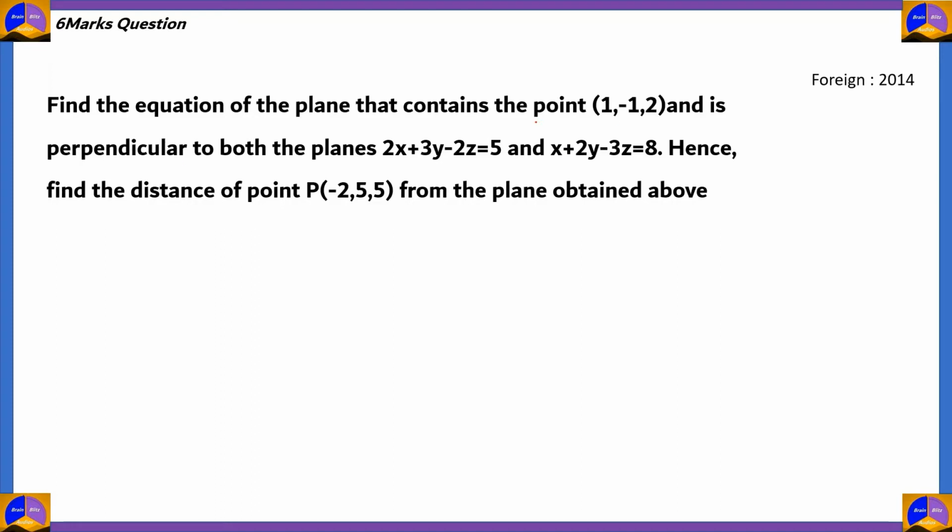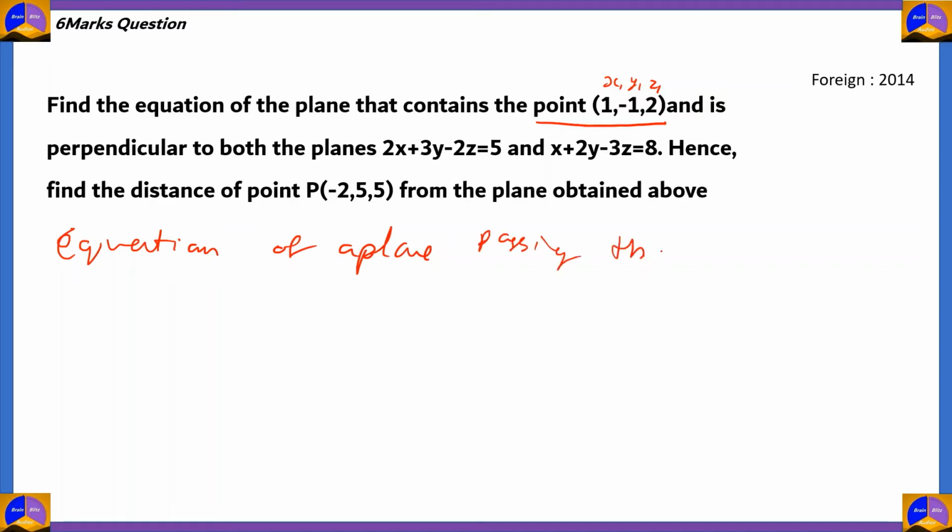So here, we have a point 1, minus 1, and 2. The plane contains the point 1, minus 1, 2. So let's mark these as x1, y1, and z1, the coordinates. And let's write the equation of a plane passing through a point.